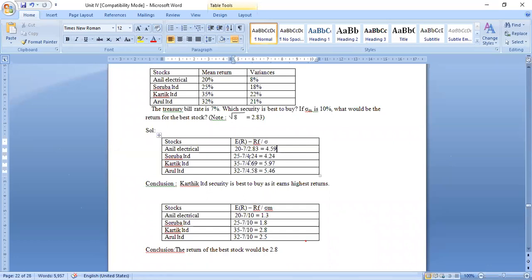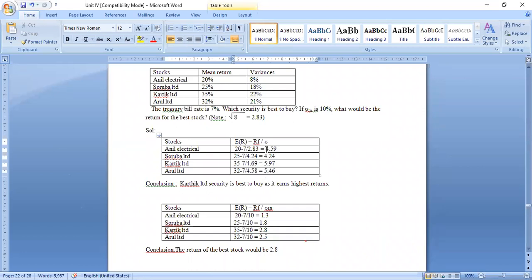After simplification, you get 4.24. The same you calculate for the expected return of 35 minus 7 divided by 4.69, which is root of 22. So you get the value 5.97. And then for the last company's stock, 32 minus 7 divided by 4.58, so you get the value 5.46.